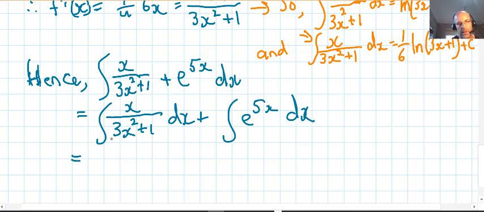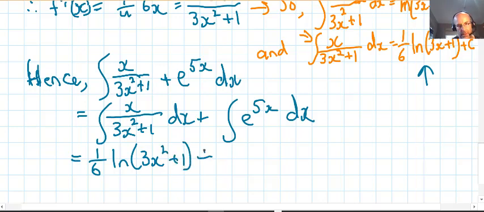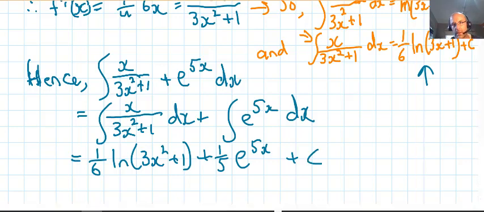We've worked on that together. Now this first term, we've got a result there. So we have that. And we know the second term would be 1/5 e to the 5x plus constant. Done.